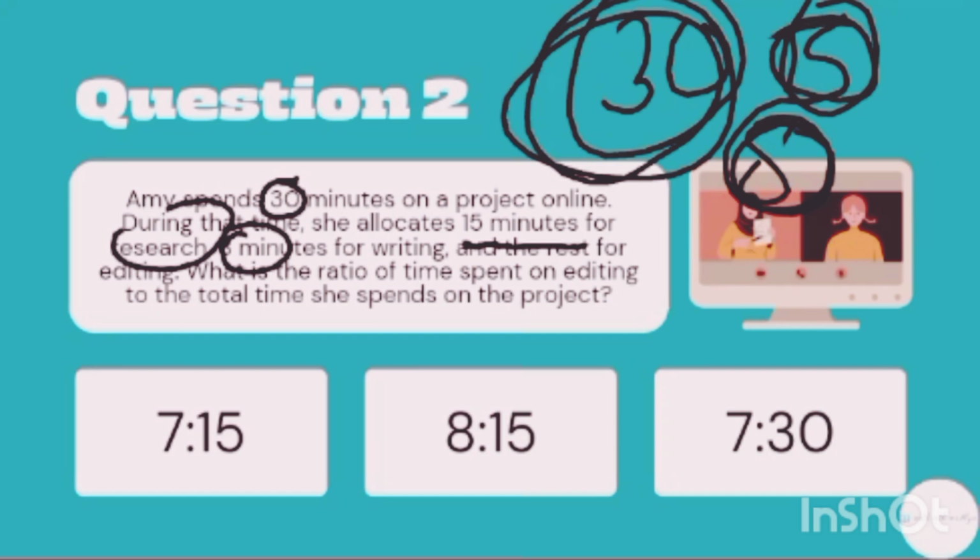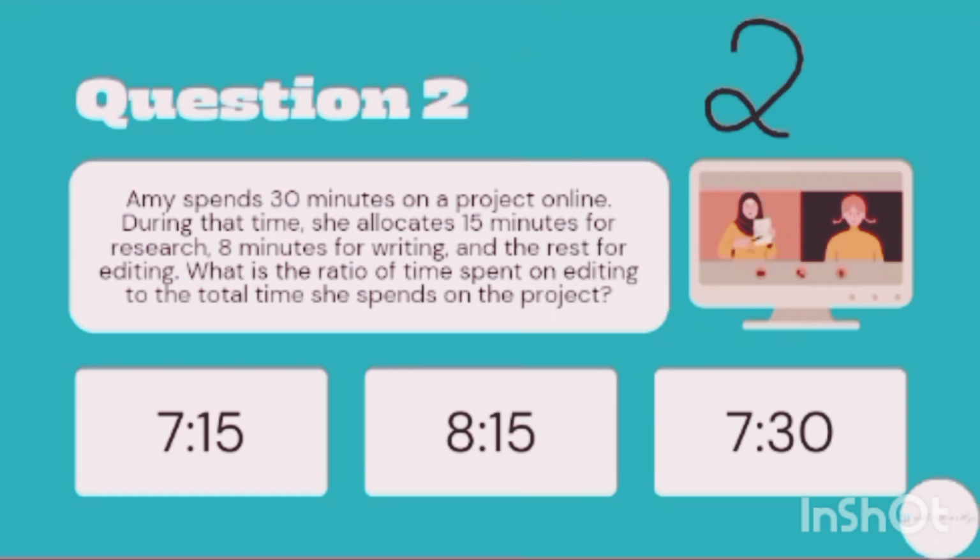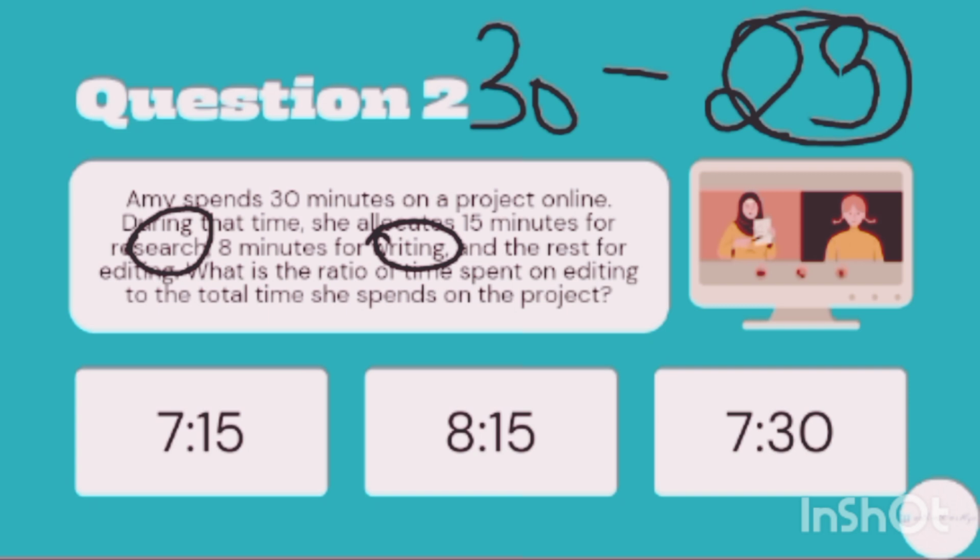So if we want to find the time she spends on editing, we first add 15 plus 8, which gives 23. It means the total time she spends on research and writing is 23 minutes, and when we subtract 23 from 30 we get the time she spends on editing.